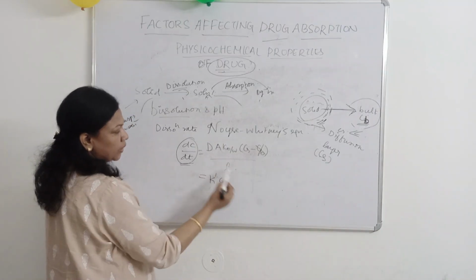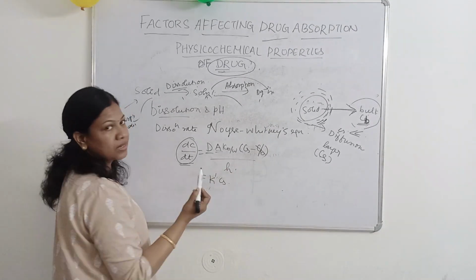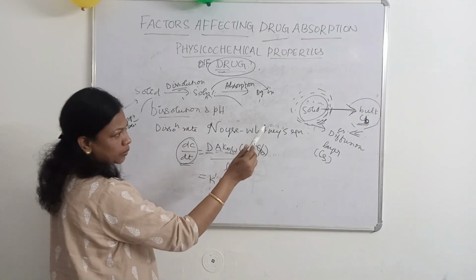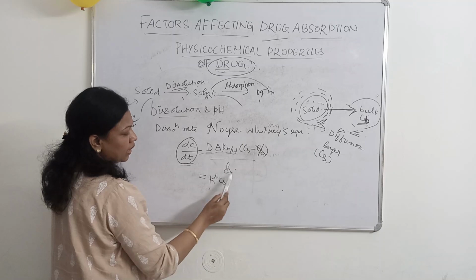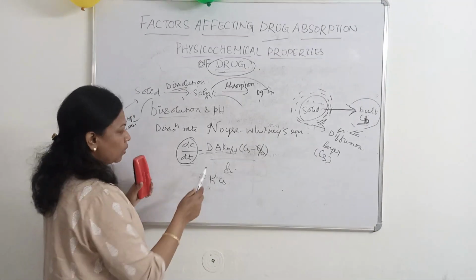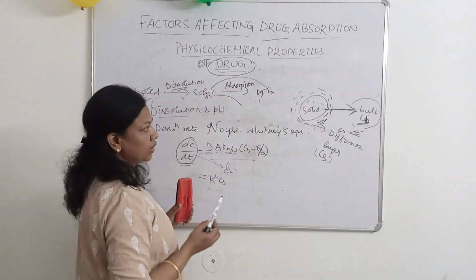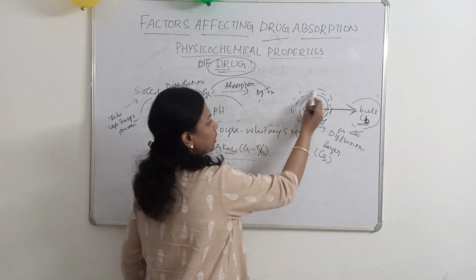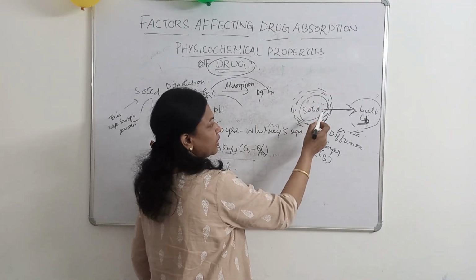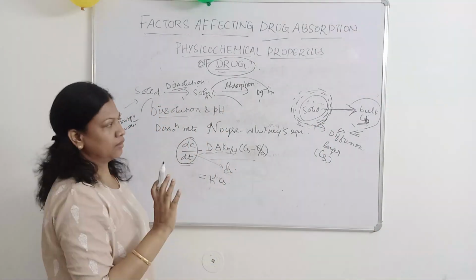Now what are these parameters? D is the diffusion coefficient of the diffusion layer, A is the area of diffusion or dissolution, Ko by W is the permeability through that diffusion layer, and H is the thickness of the diffusion layer. Now the dissolution rate is inversely proportional to this diffusion layer thickness. If the drug has low solubility, the thickness will be greater, whereas for a drug with high solubility, this layer will be very thin.